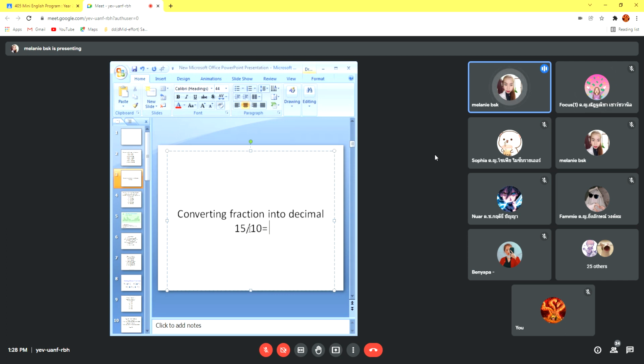This one is 15, this one is 10. So there is a whole number in here, right? That would be 1.5, because the numerator is higher than the denominator, right? So we have 1 and then 5.